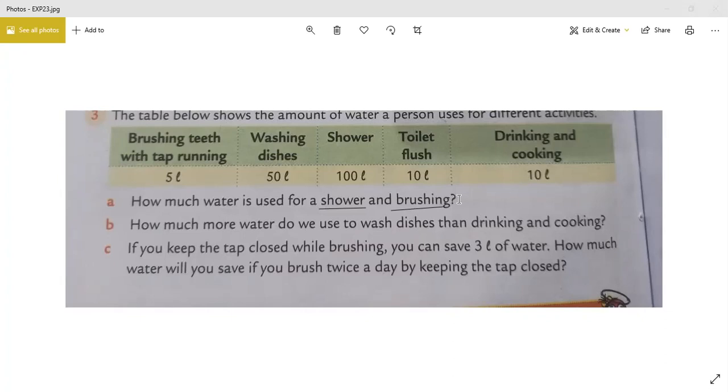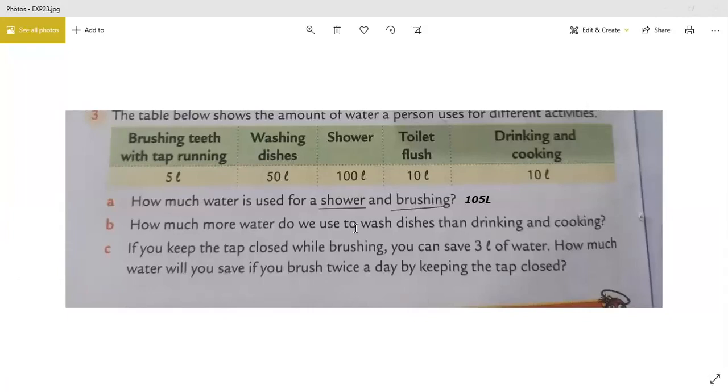Ma'am, 105. Yes, 105 liters. Very good, Divyanshu. In shower he is using 100 liters, and in brushing teeth he is using 5 liters. So when you add 100 liters and 5 liters, it is a total of 105 liters.